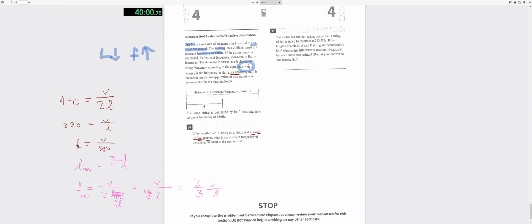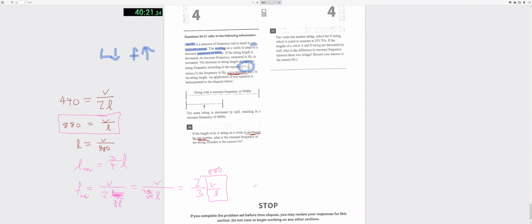Never mind, I've solved it. V over L is 880. So I'm just going to say 2/3 times 880.